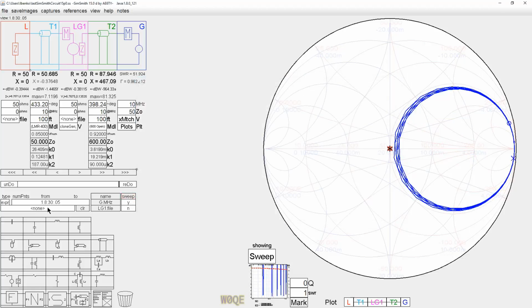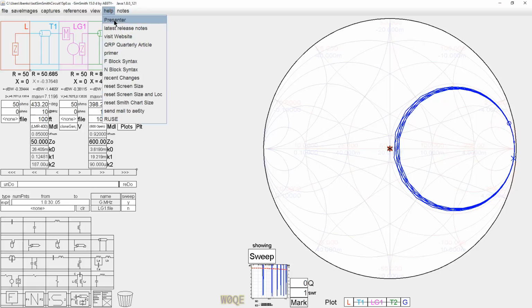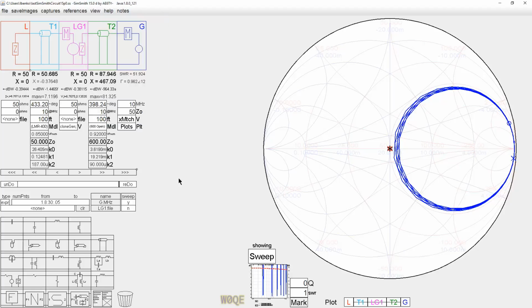If you're not familiar with this command, it's documented in the presenter part of SimSmith. But basically, it's just another way of saying we're going to sweep from 1.8 to 30 megahertz in 0.05 megahertz steps. That's all it is.